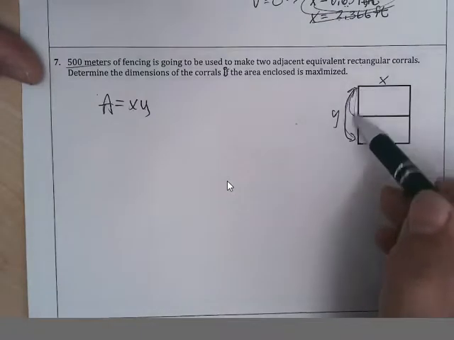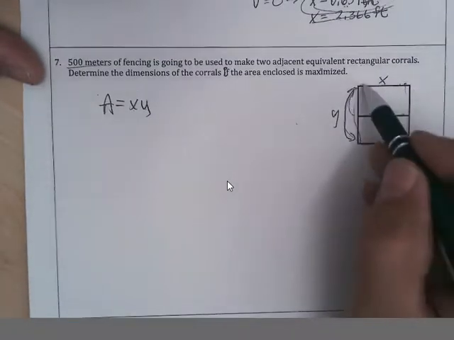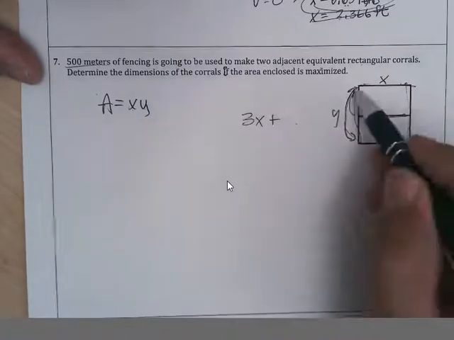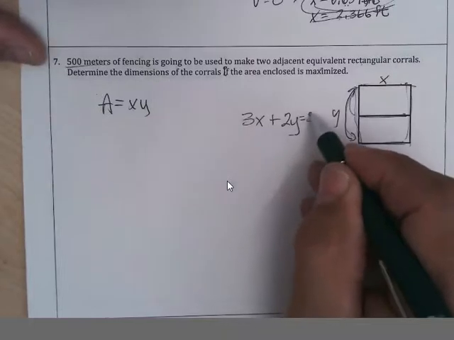So we have to use 500 meters to do this side, that, and that. So X plus X plus X plus Y has to be 500.